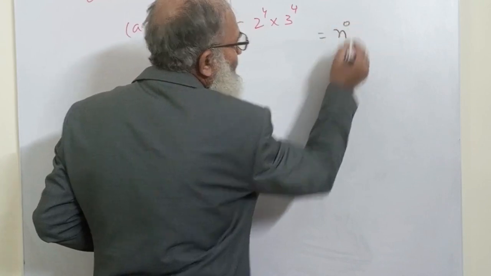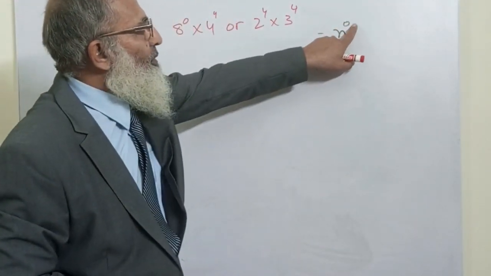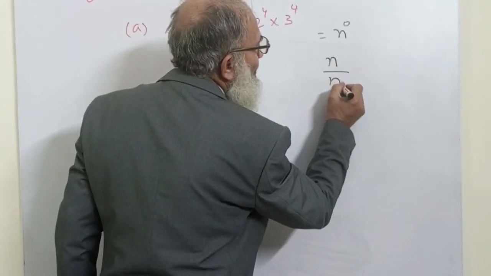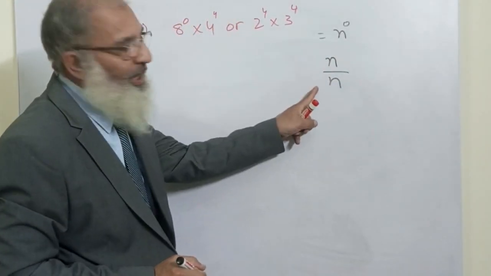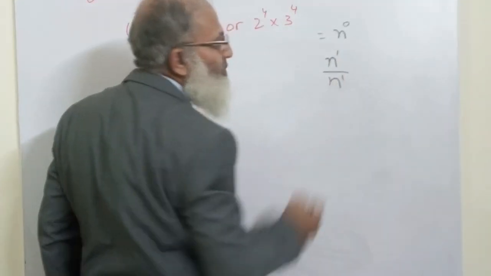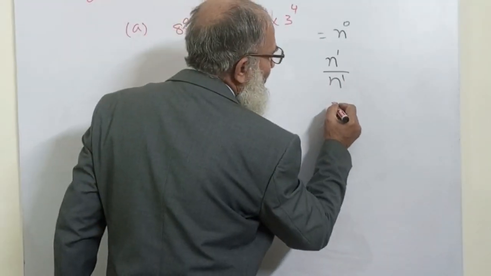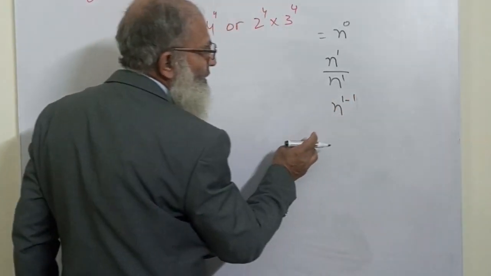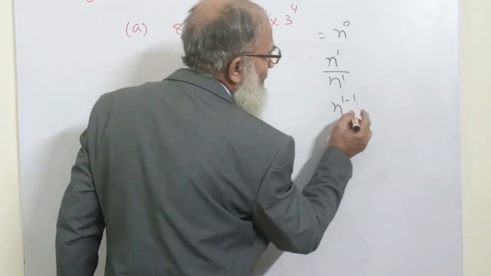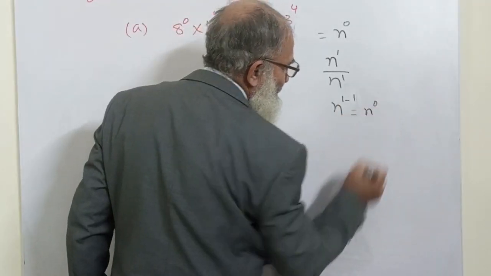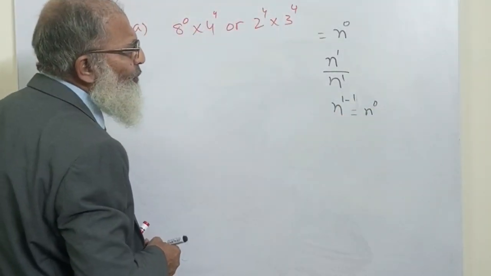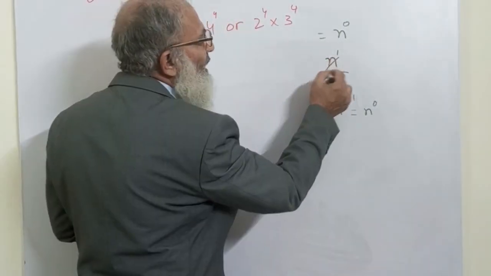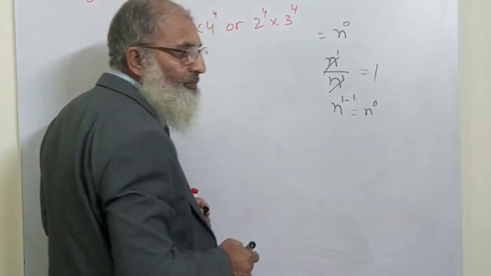Suppose n is 0. n raised to power 0: how does it come? It comes like this, n divided by n. This is power 1, this is power 1, and 1 minus 1 is 0. Now if you divide it straight, what comes is equal to 1.